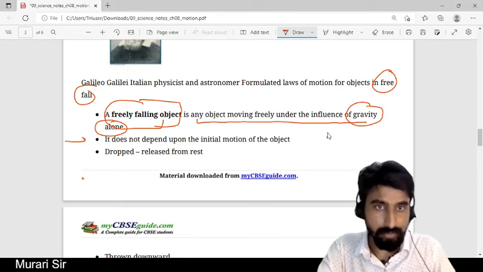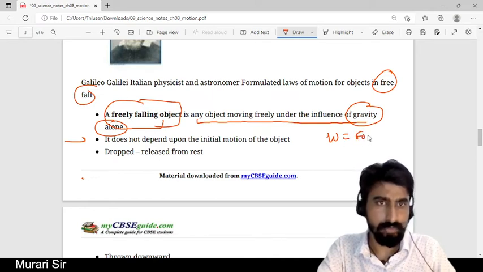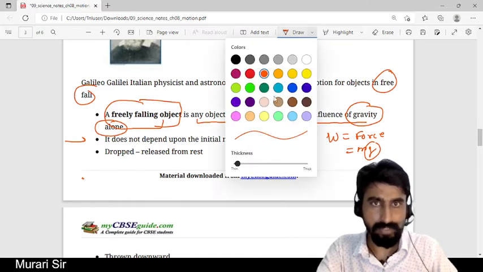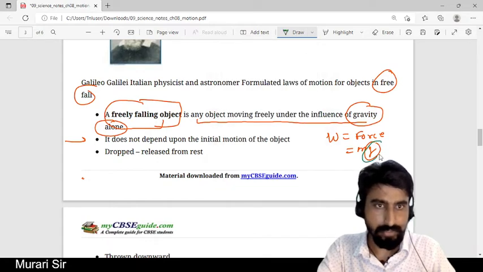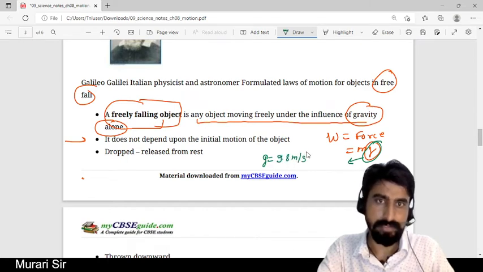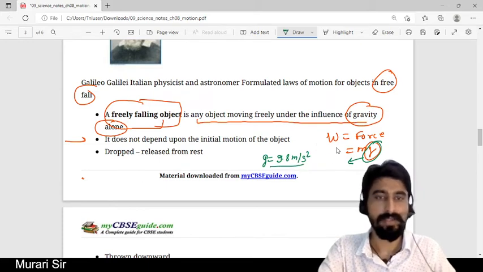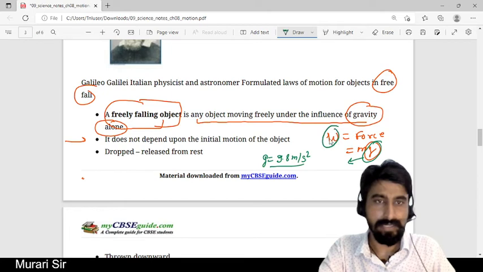Why? Because what is weight? Weight is also a force under gravity. So it will be mg, and if g, acceleration due to gravity, has a value of 9.8 meters per square second, then its apparent weight becomes 0.